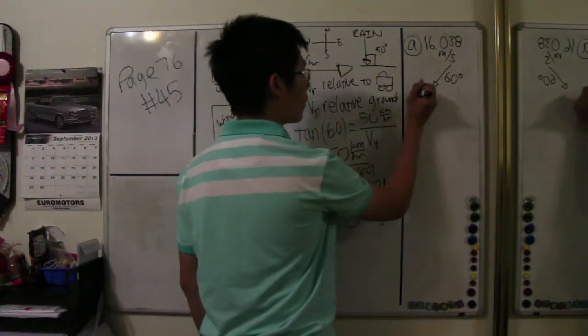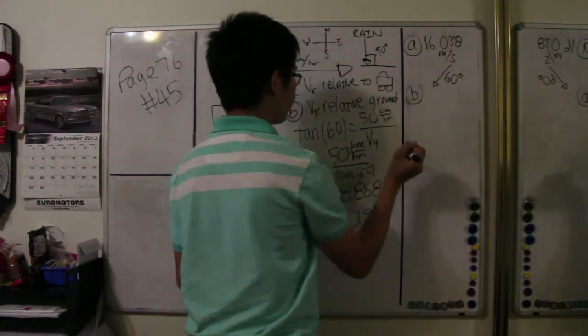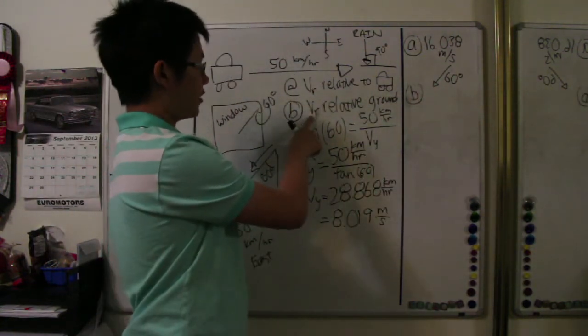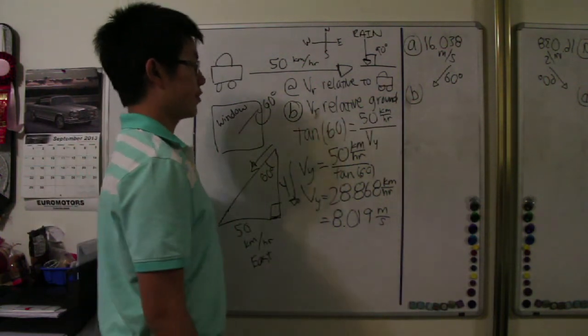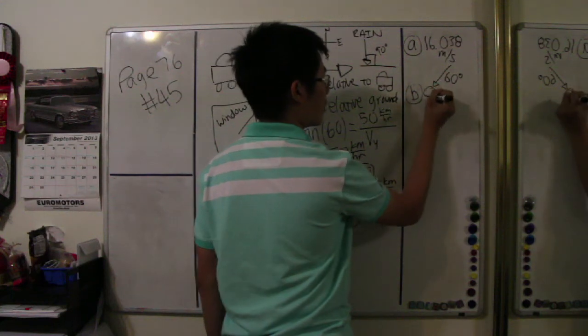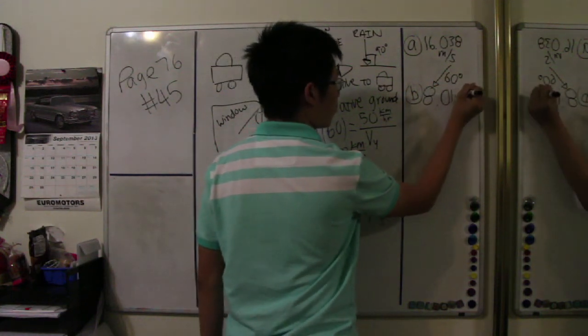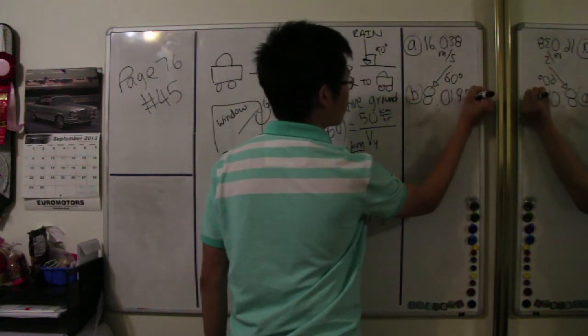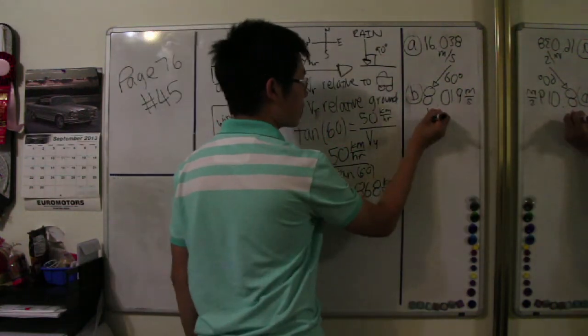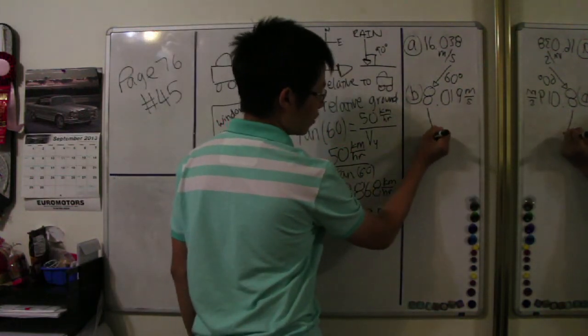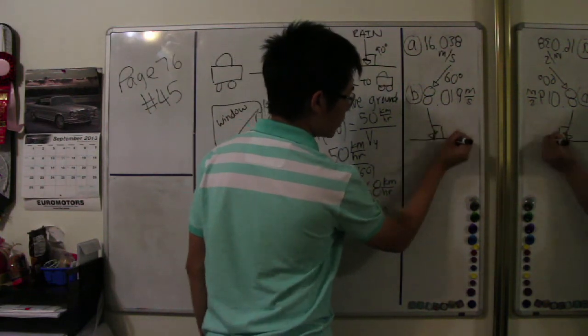And we have answer B, the velocity relative to the ground, which is 8.019 meters per second perpendicular to the ground.